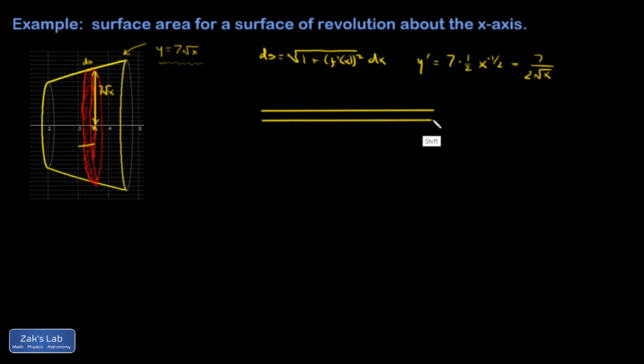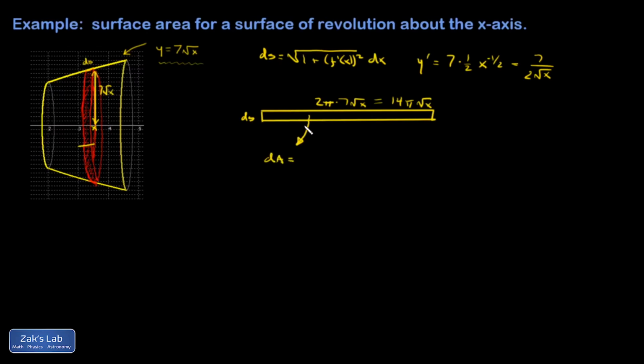So I get this long, skinny, approximately rectangular thing. The thickness is ds. The length of it is 2 pi times the radius of the original ribbon that we unrolled. We could clean that up and call it 14 pi root x.